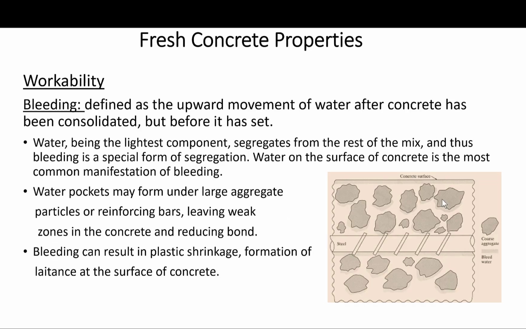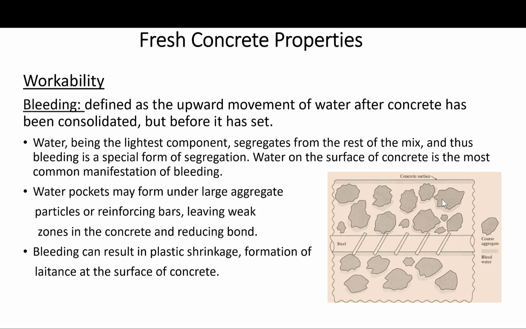Okay, bleeding. Bleeding is defined as the upward movement of water after concrete has been consolidated, but before it has set. The water, being basically the lightest component, segregates from the rest of the mix, and because of that, bleeding basically is a special form of segregation.